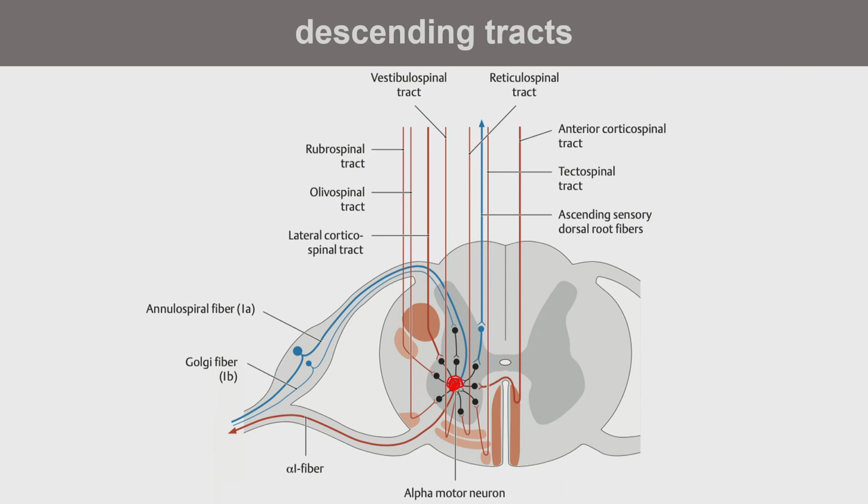So inhibiting due to coordination of emotions, coordinating because you are awake or you are sleeping, you are hunting or you are hunted. So this is everything, and you can see how those tracts are influencing the motor neurons.